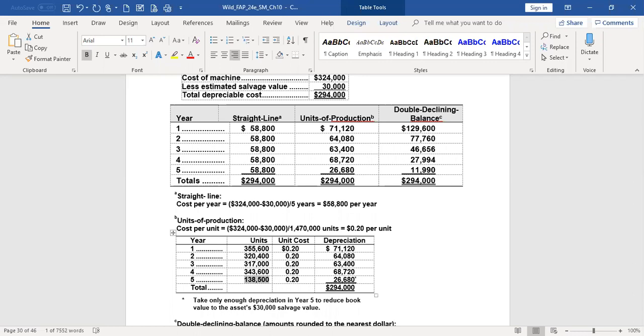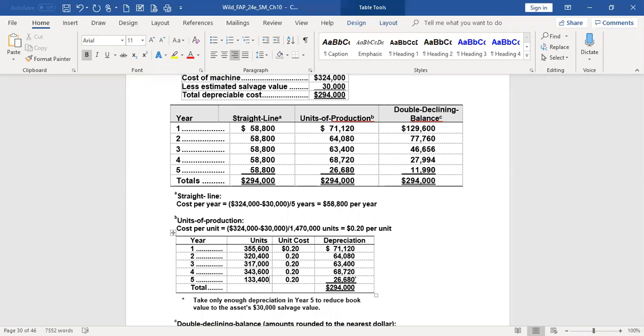Because if you use 138,500, it will cause you to expense more than 1,470,000 units. You can't do that. You can only expense the units till you reach the cumulative amount of the life, 1,470,000. So the actual number of units you can use to calculate, this is why I was getting jazzed up, is 133,400 times 20 cents, which gives you 26,680.